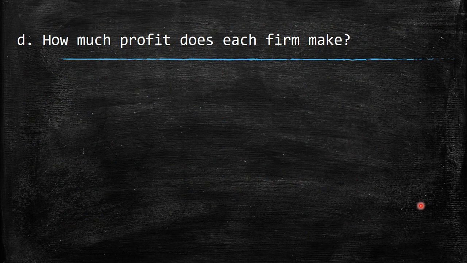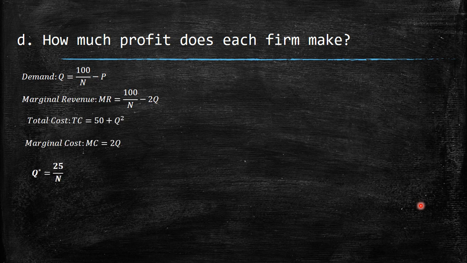How much profit does each firm make? So here we have the question. Again, we have the values that we already found before, and here we have the equation for profits: total revenue minus total cost. So the profit should be price times Q minus total cost, which is 50 plus Q squared. Remember, keep the minus with parentheses.